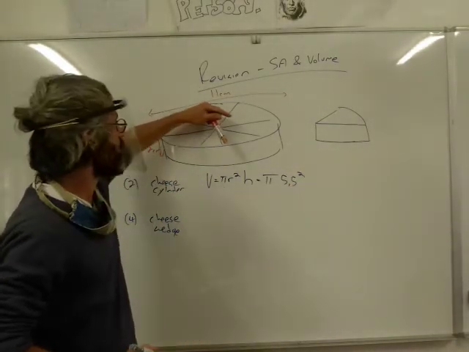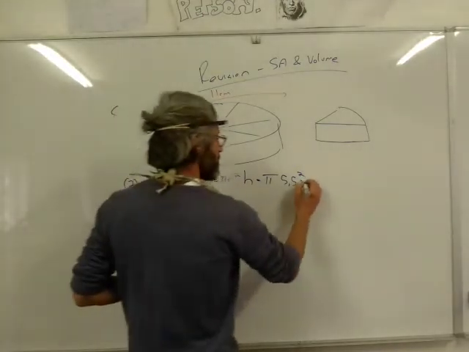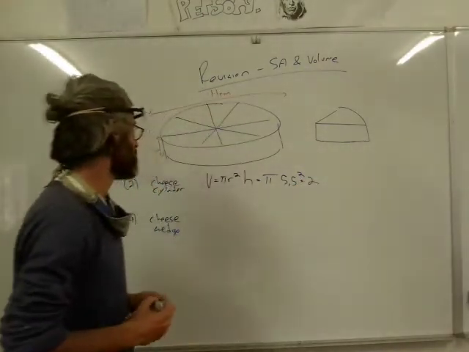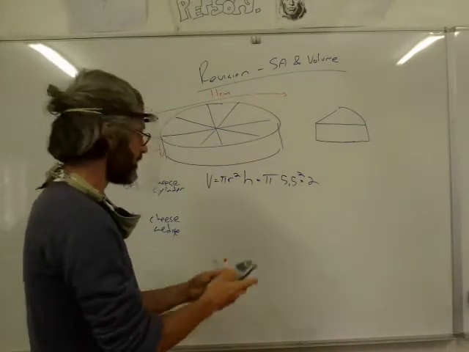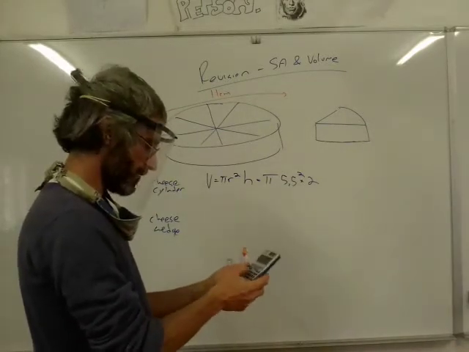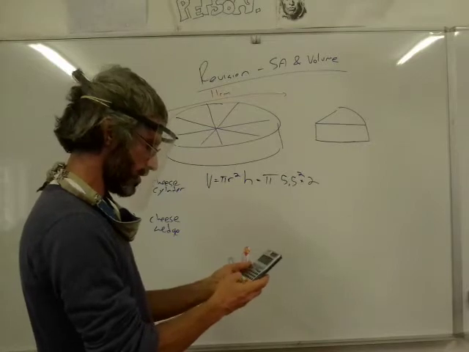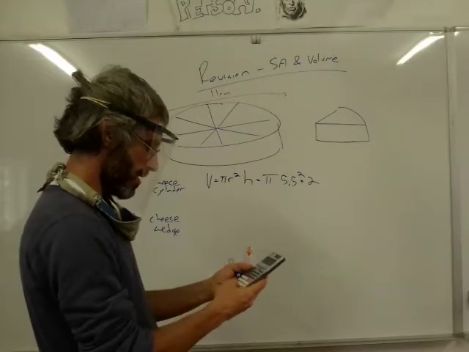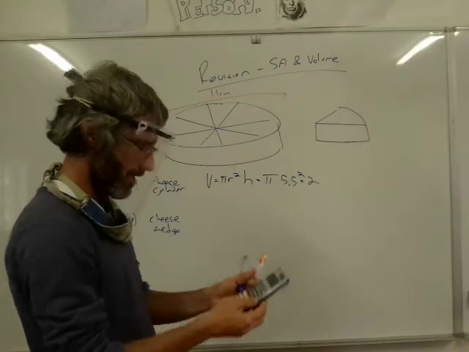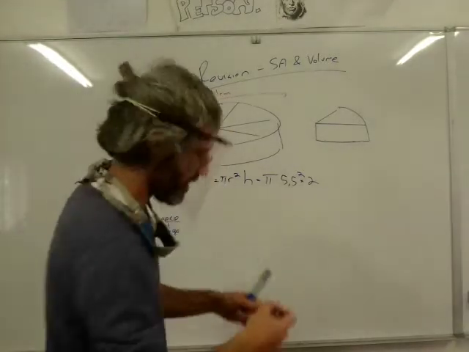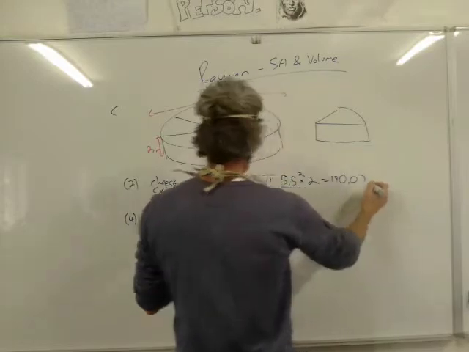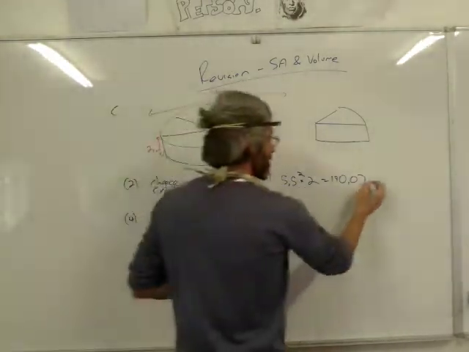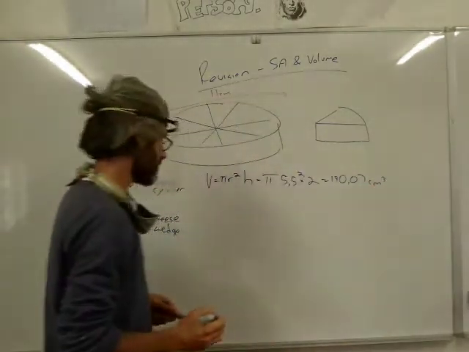That's the distance from one circle to the other, which is 2 centimeters, that is going to be the volume. Okay? We're going to just feed that into the calculator. Okay, so 5.5 squared times 2 times pi, and I'm getting 190.07. 190.07, and because we work with centimeters, it's going to be centimeter cubed.